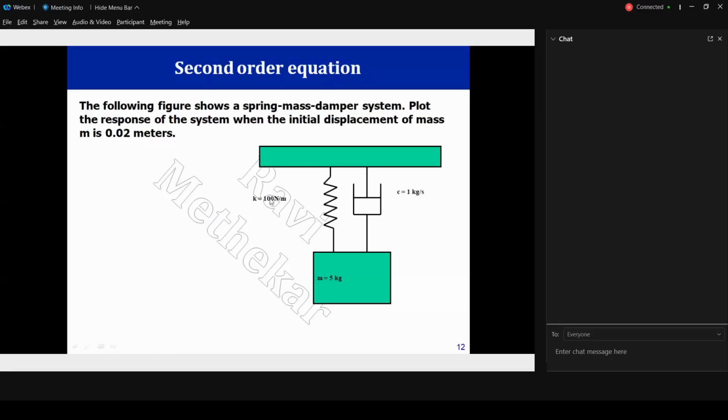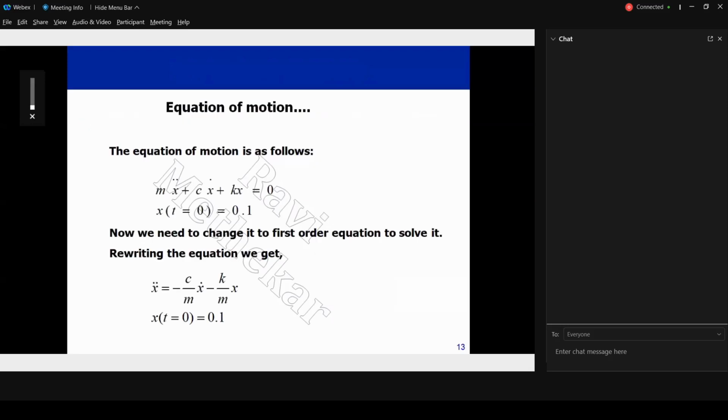We want to see the response of the system when the initial displacement of the mass is 0.02 meters from its initial position. So if we wanted to see this, then we need to model the system, and if we model it, we end up with a second order ordinary differential equation.